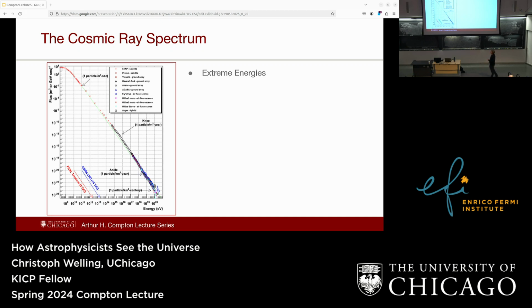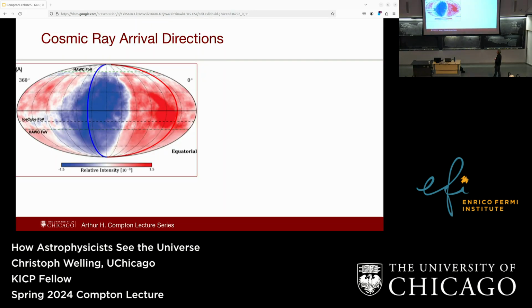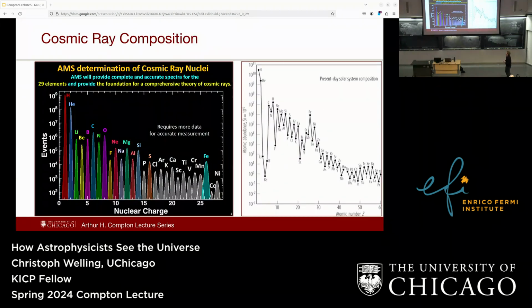There is actually a really interesting thing that I didn't quite have the time to get into. AMS can not only measure different atoms, it can also distinguish between isotopes. Especially beryllium, I think it's beryllium 10 and beryllium 11.